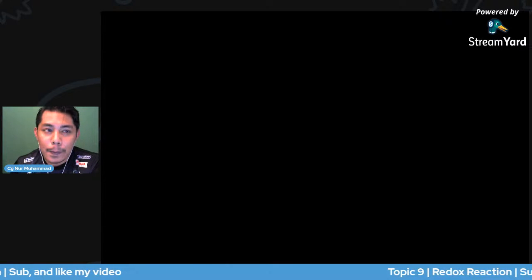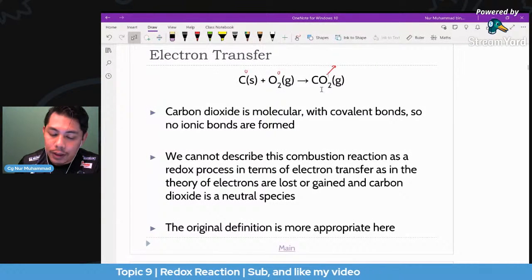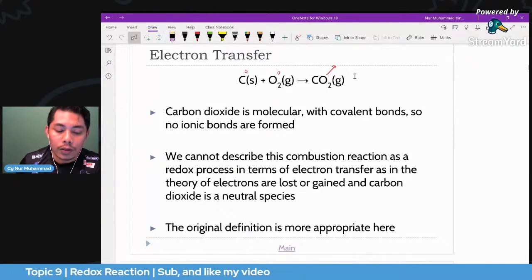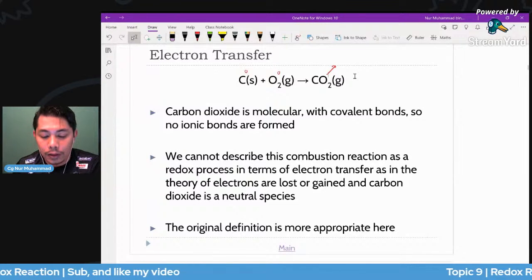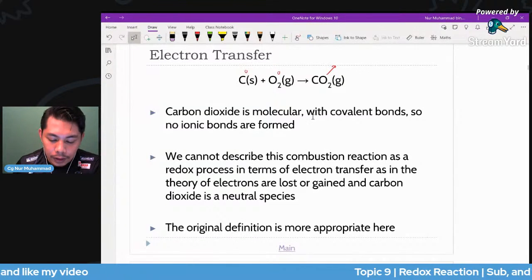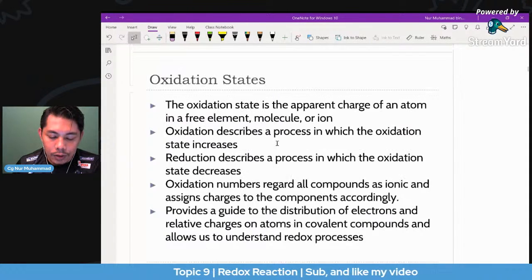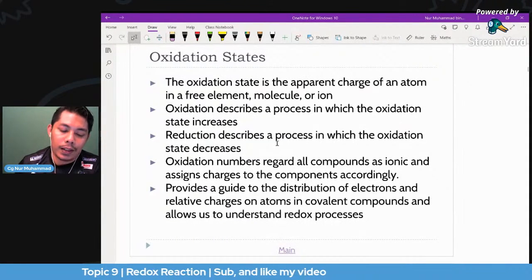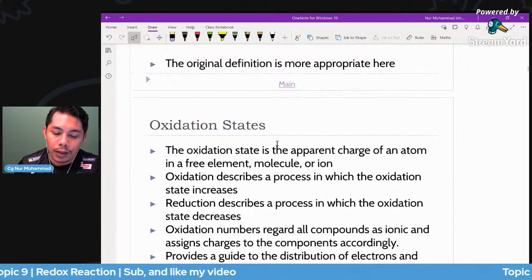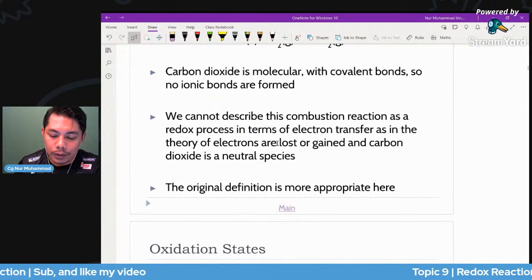Okay, sekejap. Right. Apa hilang ni? Okay. Itu je. Kenapa? Sebab kita tahu bahawa covalent compound not involve transfer of electron. Only ionic compound. Okay. So oxidation state. Okay. For how to identify if the product is covalent compound?